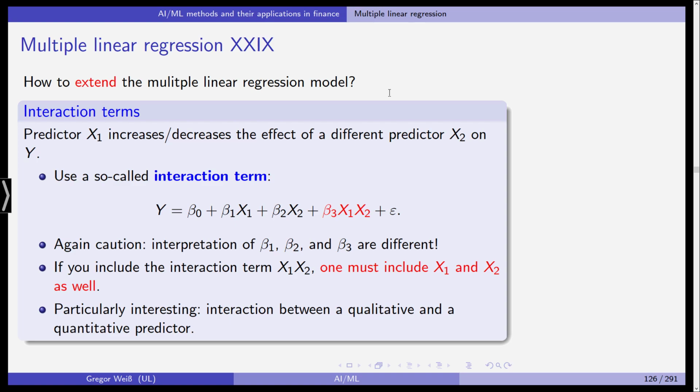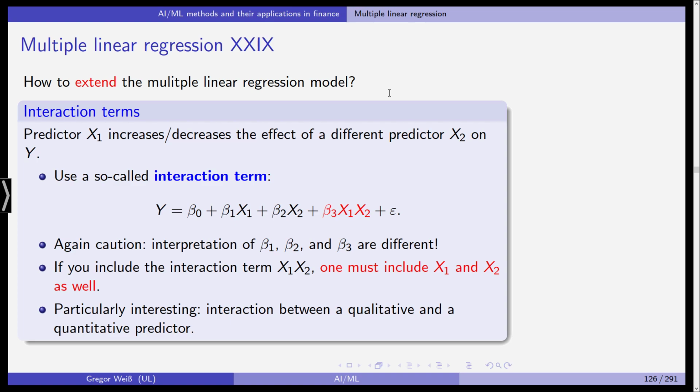Again, be careful when interpreting the coefficients beta 1, beta 2, and beta 3. Beta 3 is the interaction term. It measures the effect of x1 on y if x2 changes. The coefficients beta 1 and beta 2 now also measure something different. Actually, it's now even more important when you're using qualitative predictors.